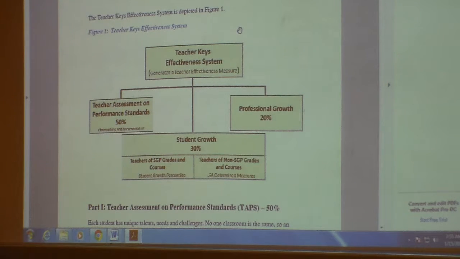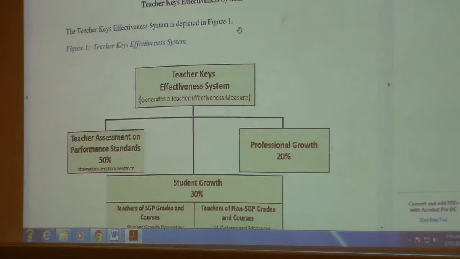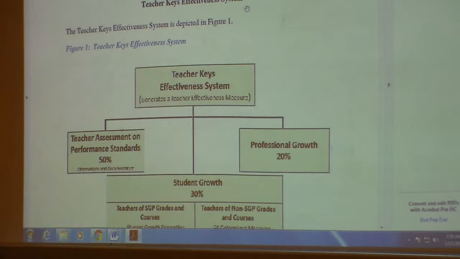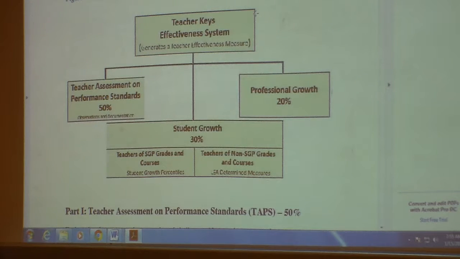This is the components of the process. And the percentages: 50% is your assessment on the performance standards, 20% is your professional growth, and 30% is your student growth.